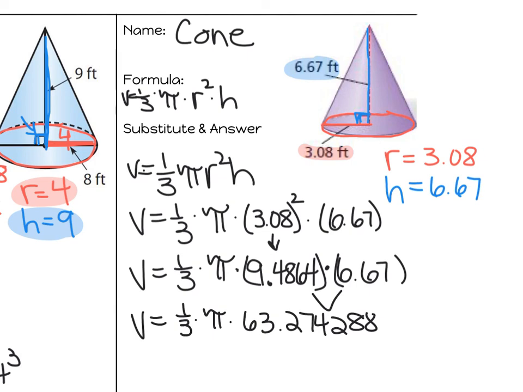So I'm going to write out the whole thing, and now I can do 1/3 times pi times 63.274288. And I got 66.26. And I can round now that I'm done with the problem. But I don't want to round it in the middle of the problem. That's going to change our answer. So this is feet cubed.